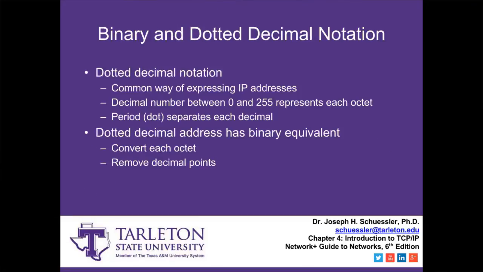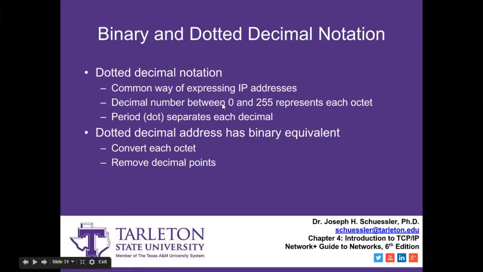So those dotted decimals that we're talking about are really just decimal representations of binary digits. Those digits can only be represented 0 through 255 because if you do the conversion, that's the max that you can go up to. If all those binary digits are all zeros, then the decimal equivalent is 0.